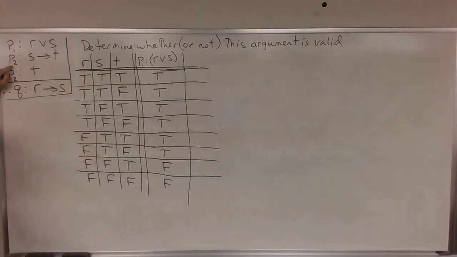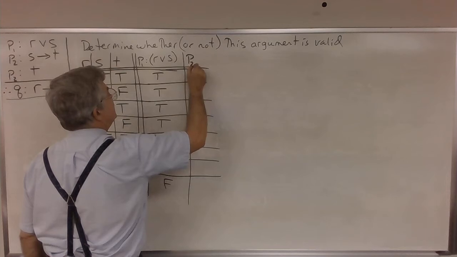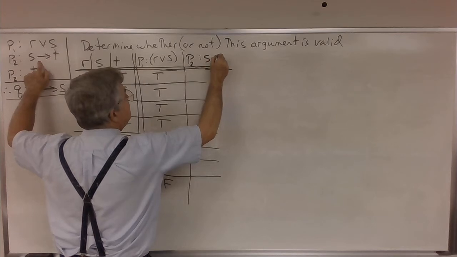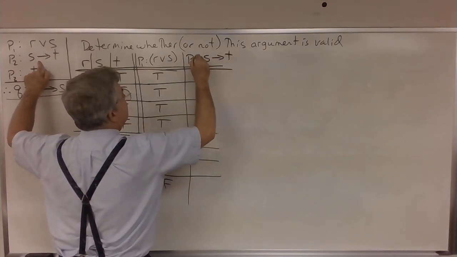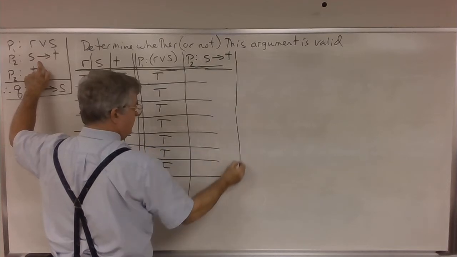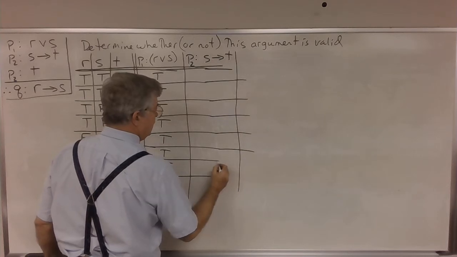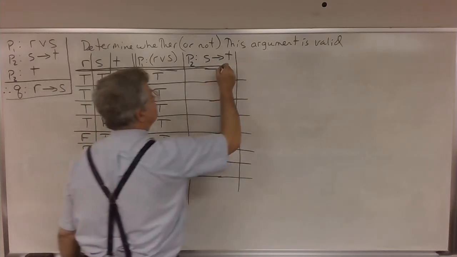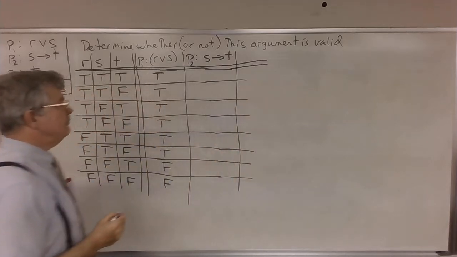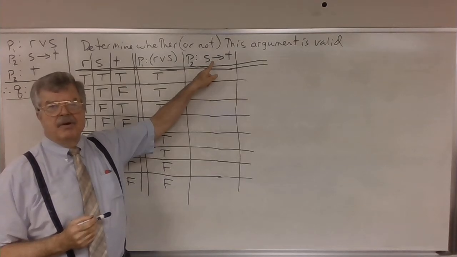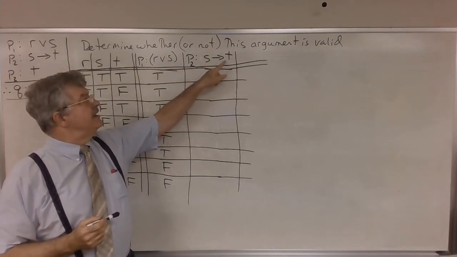Now, the premise P2, S implies T, or if S, then T. So here's P2, and it's the statement S implies T. This is an if-then statement.